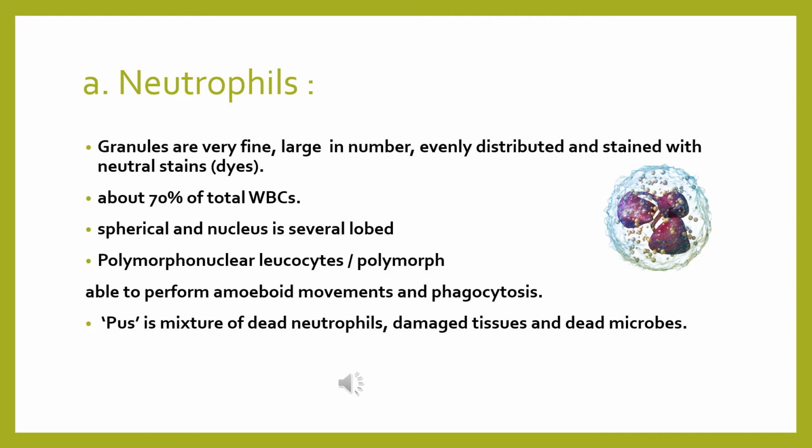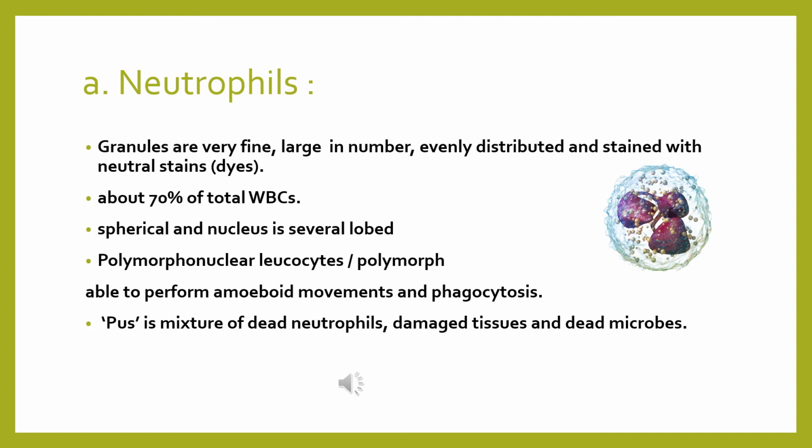That's why we can say that the neutrophils are polymorphonuclear leukocytes, or they are also known as polymorphs. Here, the neutrophils are able to perform amoeboid movement, means they can show diapedesis, and they perform phagocytosis. Phagocytosis means engulfing and killing antigens.